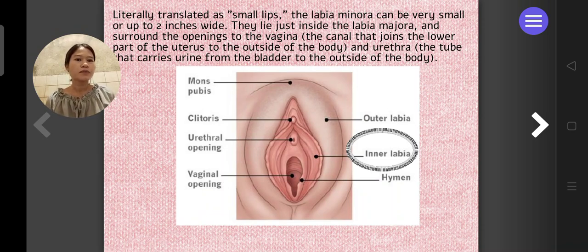So ito yung small lips. The labia minora can be very small or up to 2 inches wide. They lie just inside the labia majora and surround the openings to the vagina. So the vagina is the canal that joins the lower part of the uterus to the outside of your body.